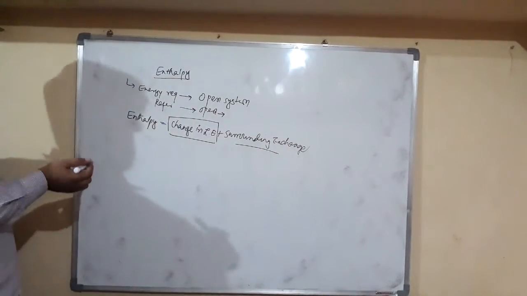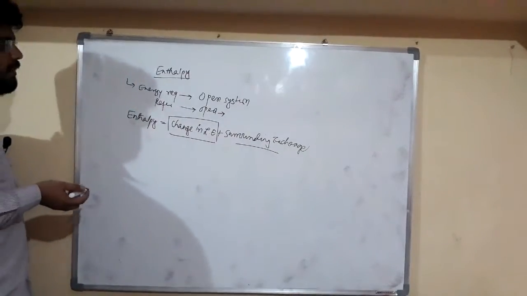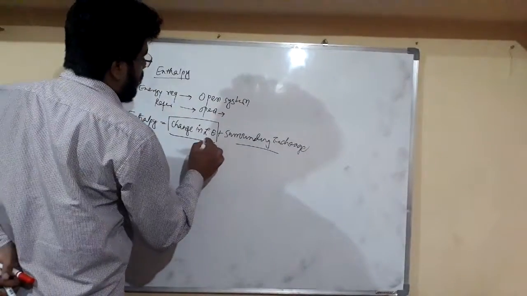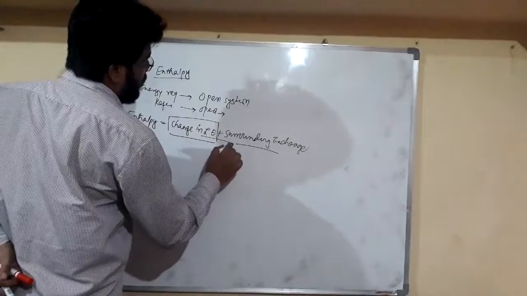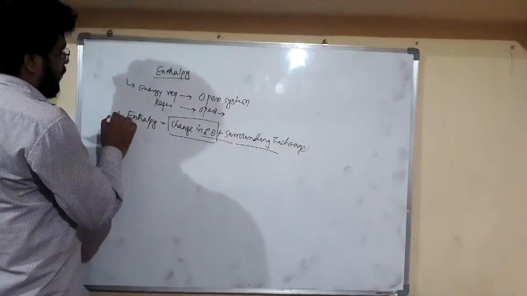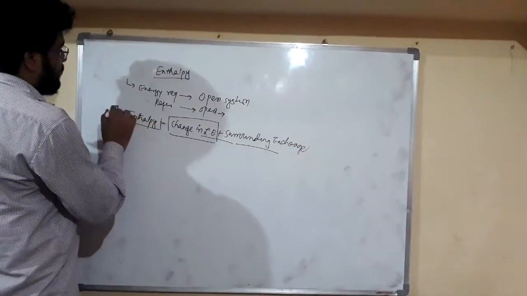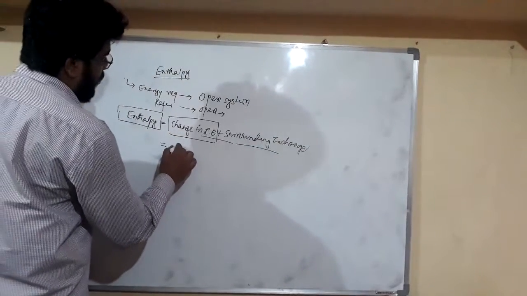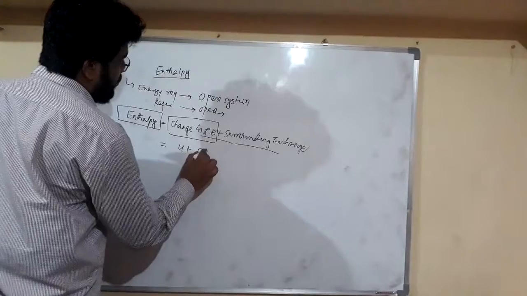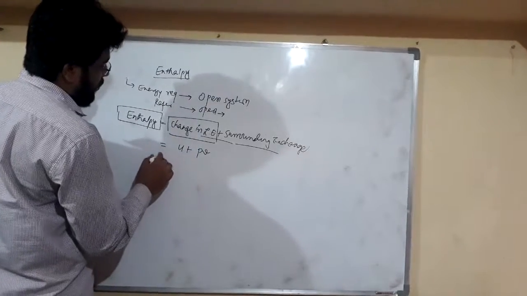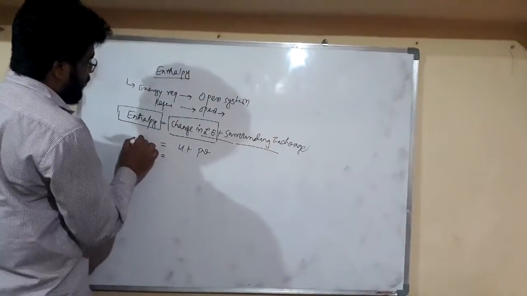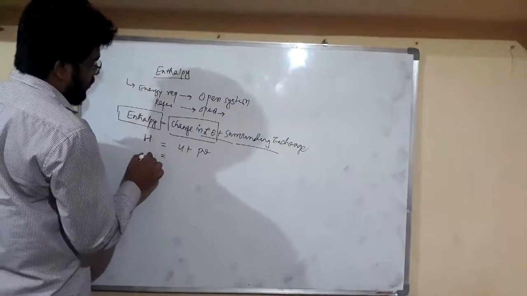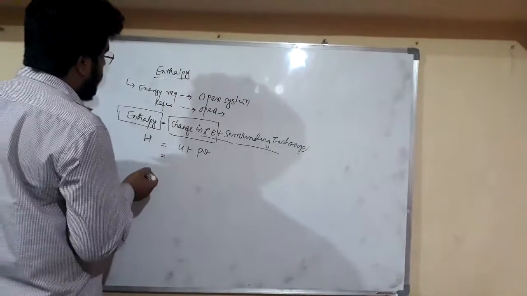So friends, here surrounding exchange is also considered. And friends, if we add internal energy with our surrounding exchange, then it becomes equal to enthalpy. So friends, it is U plus PV. And friends, we know that enthalpy is denoted by H. Generally H is used to denote our enthalpy.